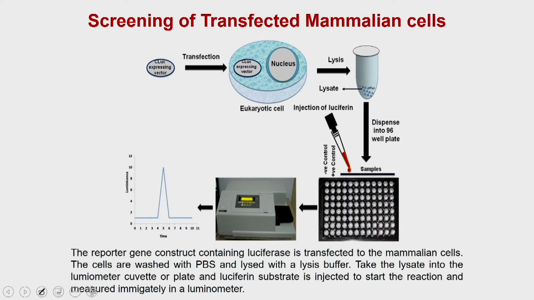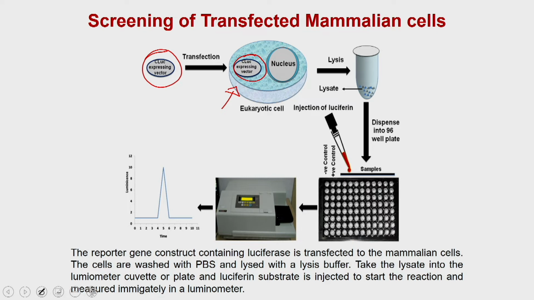These things are depicted here in a schematic diagram. You take the luciferase expressing vector and transfect it into the mammalian expression system, and it will express the luciferase. Then once the stimulation is over, which means you can stimulate these cells, because the luciferase will be under the control of the eukaryotic promoter, the luciferase will be produced inside the cell according to the level of stimulation.